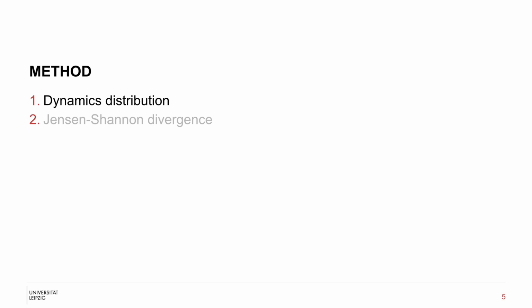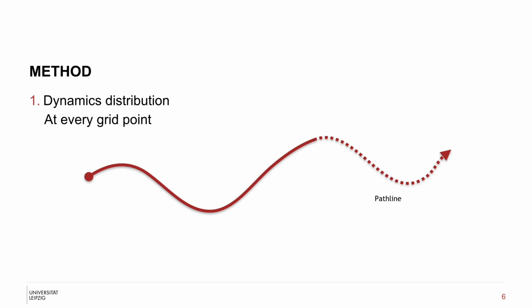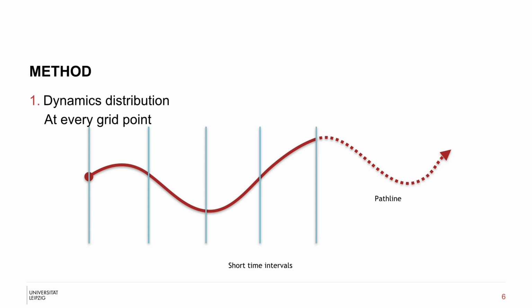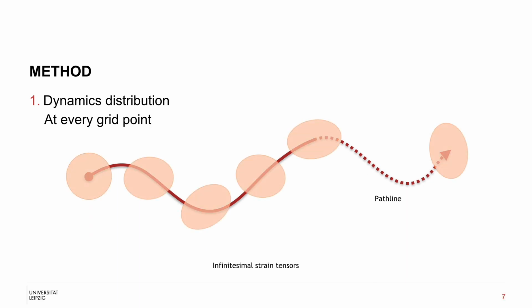So, our method is based on first computing the dynamics distribution, which we then use to compute the Jensen-Shannon divergence. In the first step, for every grid point, we compute a pathline. We then split the pathline into short time segments. For every time segment, we can compute the so-called infinitesimal strain tensor, which describes small deformations.